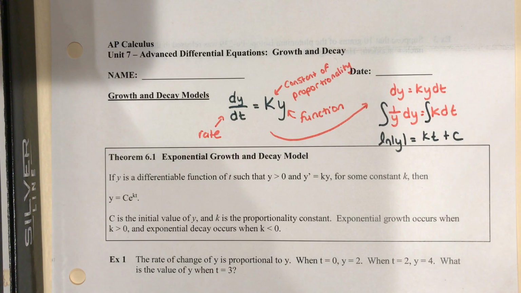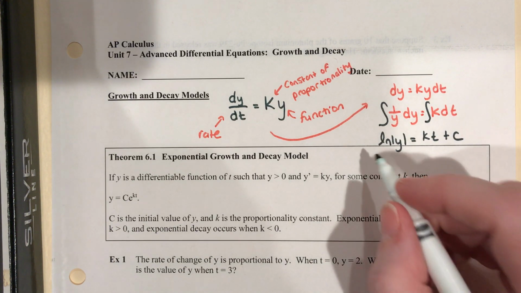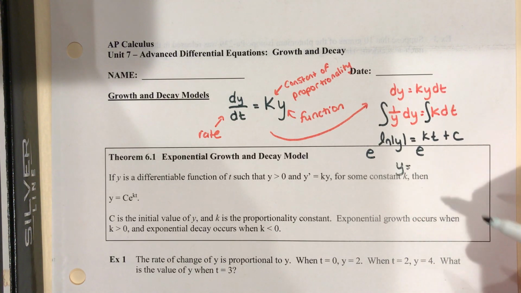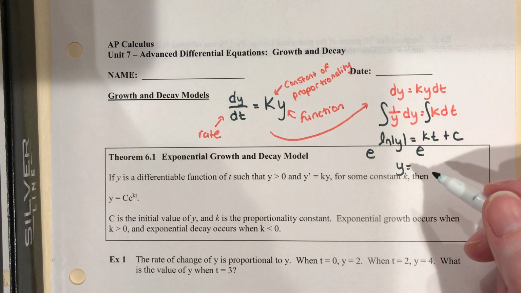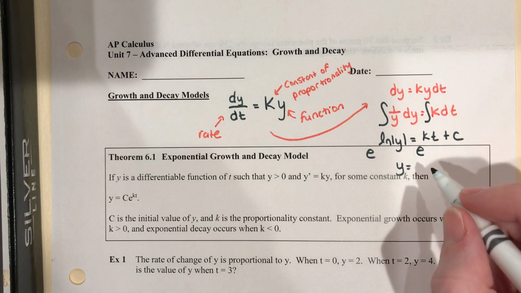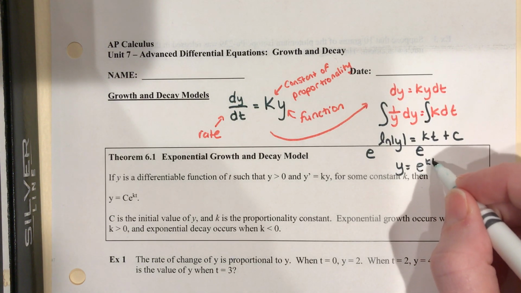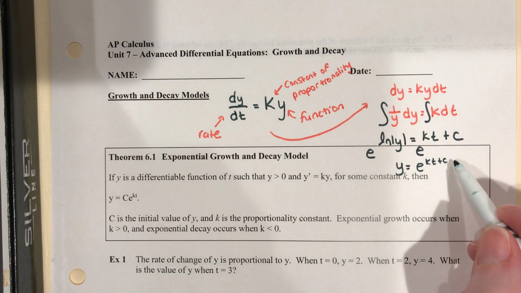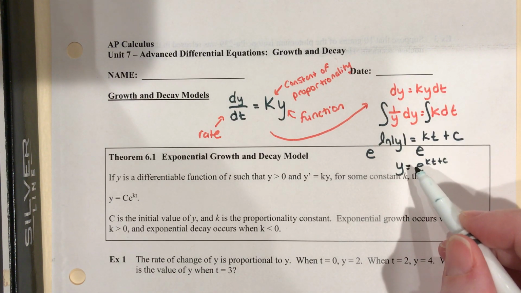And then last thing we always do is solve for y. So I'm going to take the e to both sides. And I'm actually going to drop the absolute value because technically when you have e to something, it's always going to be positive. So y equals e to the kt plus c. And we've talked about the fact that when we have a constant in the exponent, we can move it out to the front.